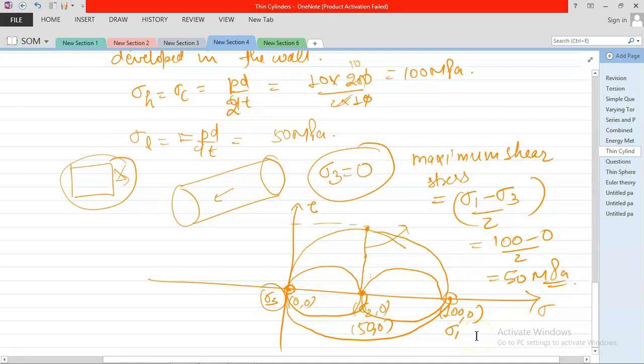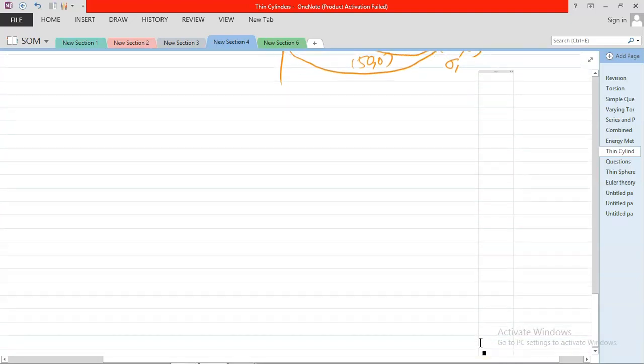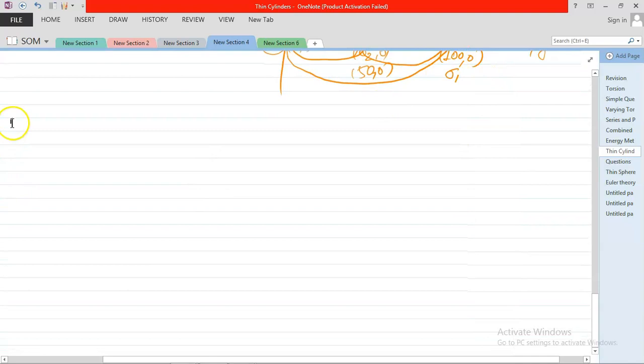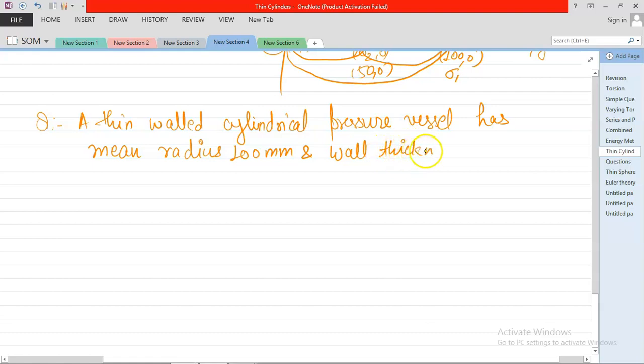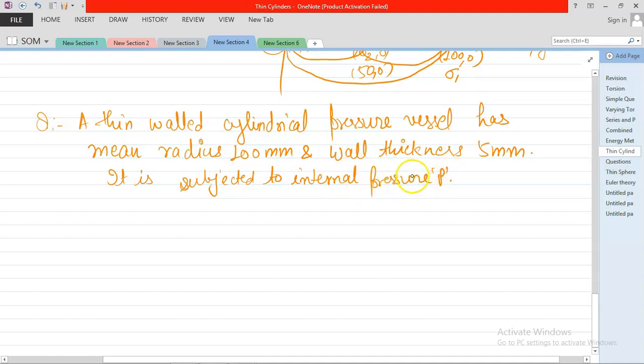Okay. Now the next question is, a thin wall has mean radius 100 mm and wall thickness 5 mm and is subjected to internal pressure P. It is given the factor of safety is 2 and the yield stress in shear is given.